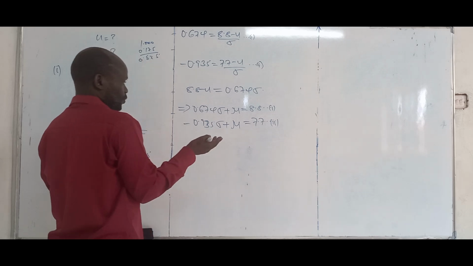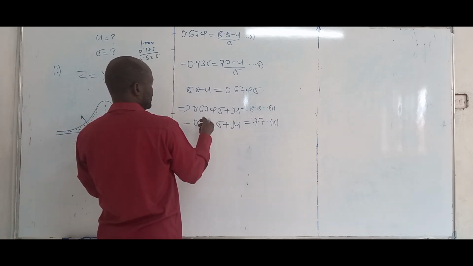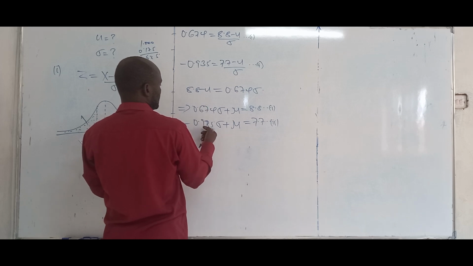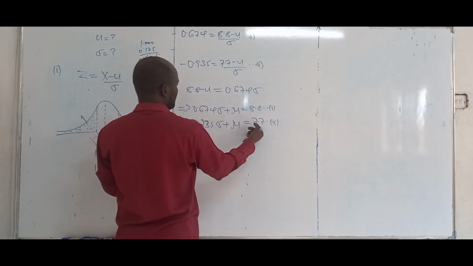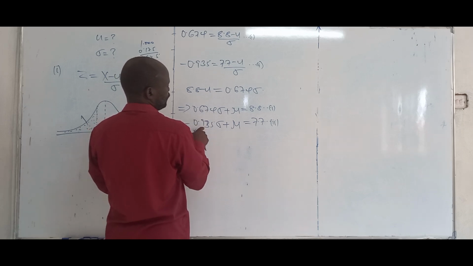You can solve by elimination because this is already convenient. Just subtract this from this. If you subtract this from this, you end up with a positive.